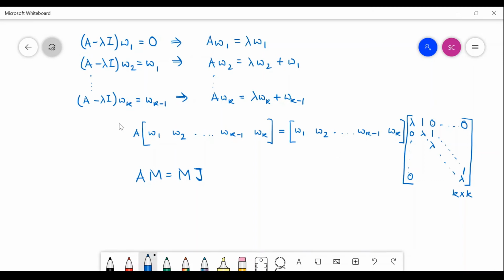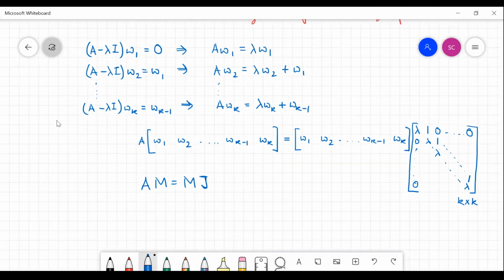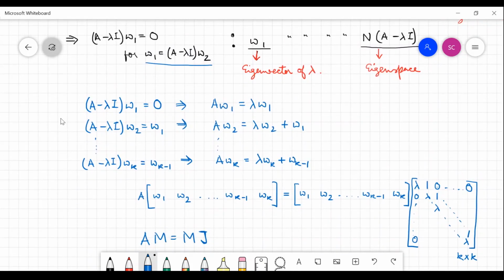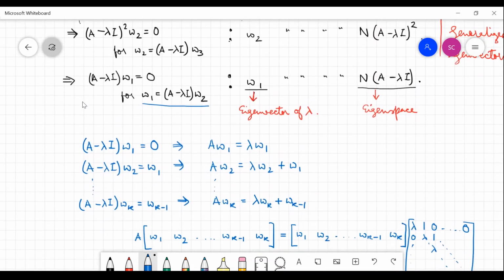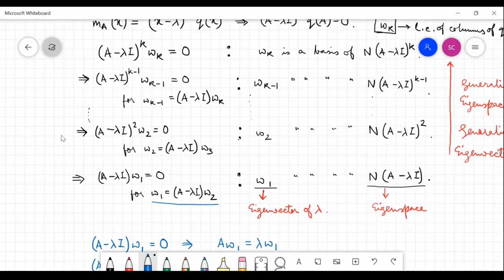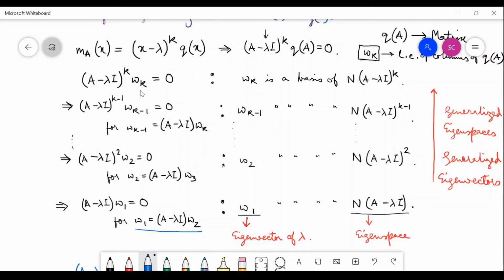Okay. Now you can see that if I am able to go till omega k, which of course, if there is one omega k which is non-zero, I can start from here and come to an eigenvector, that I have already shown from here.